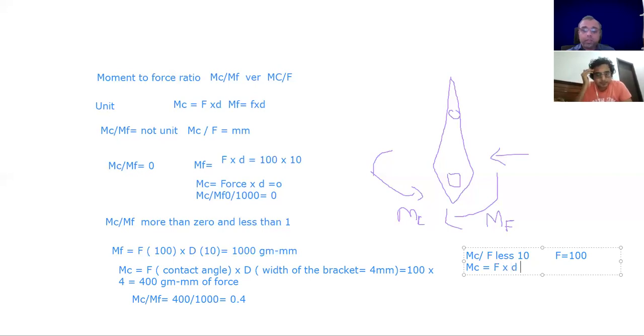So it is F multiplied by D. If we keep the force, like in the previous example, at 100, and the fixed distance is 4, then 100 multiplied by 4 gives 400 gram millimeters, because it's a moment of a couple.